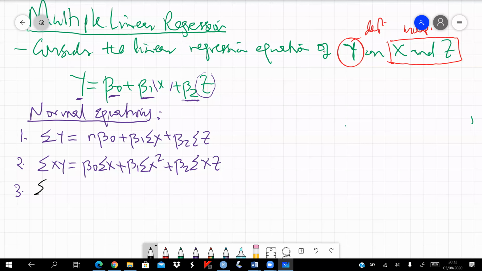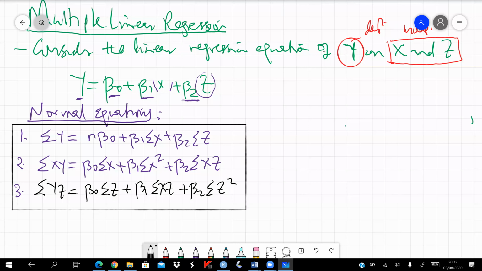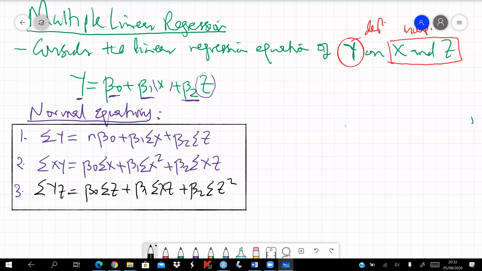So I'll end up with summation of yz is equal to beta naught summation of z plus beta 1 summation of xz plus beta 2 summation of z squared. So those are the normal equations I need to solve simultaneously. Here, I'll be having linear equations with 3 unknowns, so I use the same method, but it will take a little bit longer to solve.